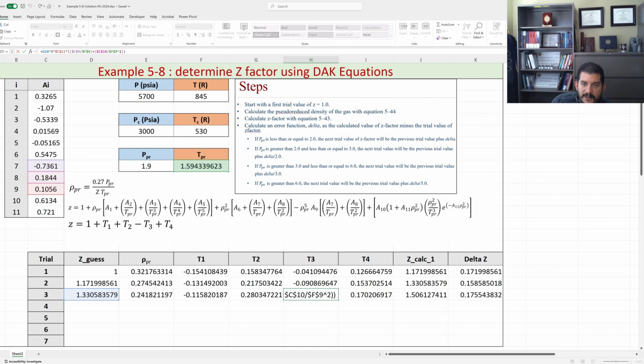Times A7 divided by TPR plus A8 divided by TPR squared. Good. Third one, density to, so this is T4. Okay, so it's A10.